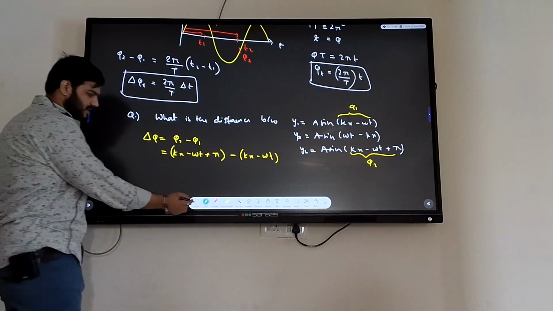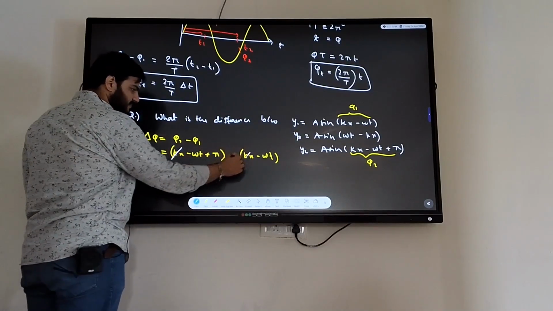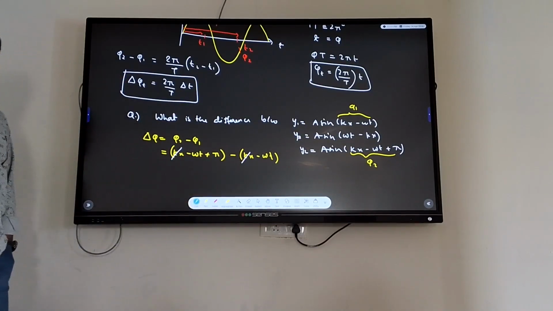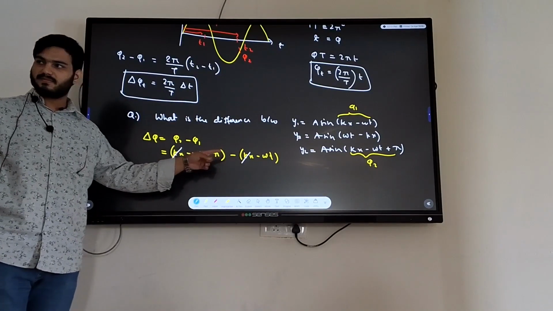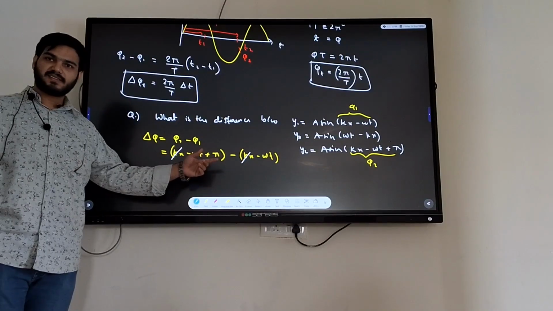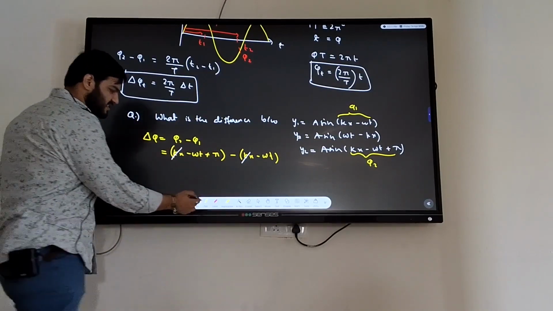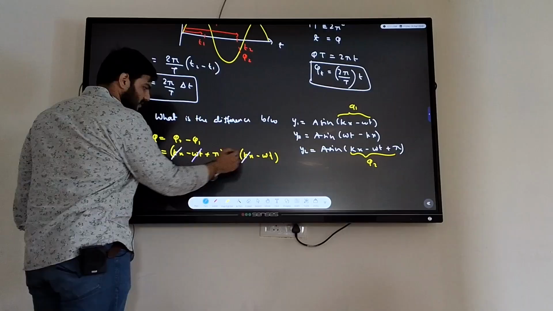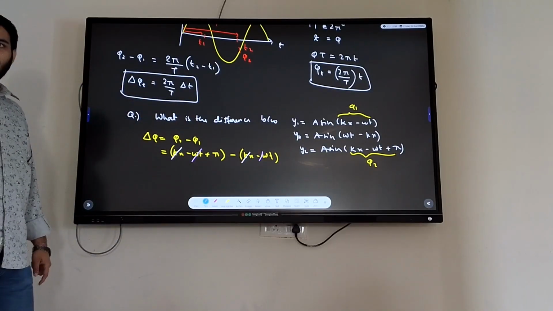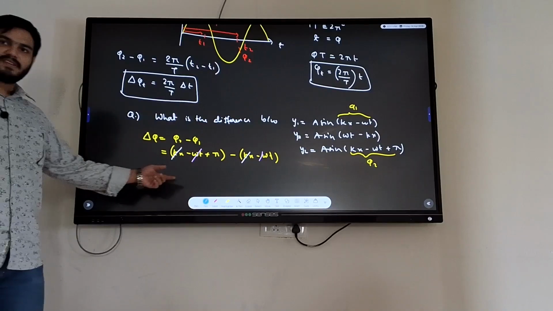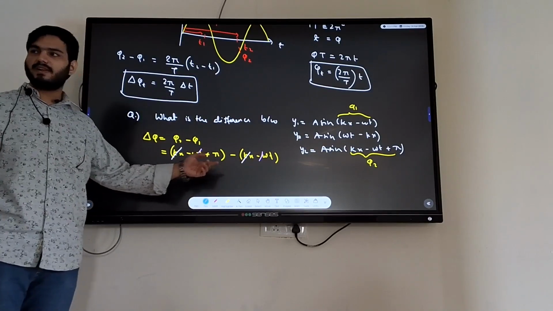That means these terms must cancel each other. When will they cancel each other? When I am talking about the same wave at the same position. So I am fixing x, but then the omega t's must cancel as well. That means I am fixing time as well. So I am fixing both of the variables. Only then you will get this.